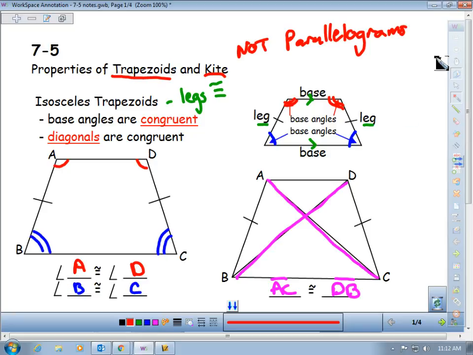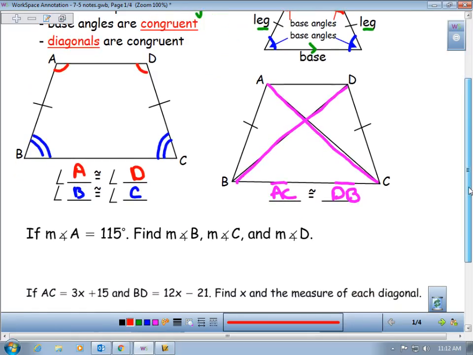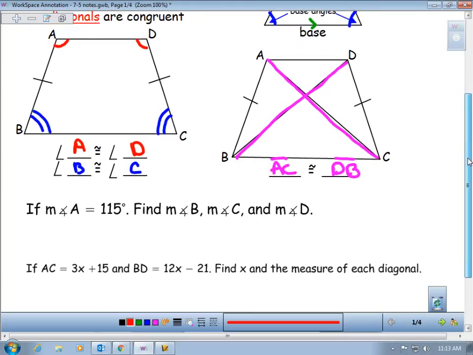Okay, I've got a couple of examples here just below for an isosceles trapezoid, and really, they both go back up to these pictures here. The first one is this. If angle A is 115, we need to find angle B, angle C, angle D. We want to find the measure of those other three angles.